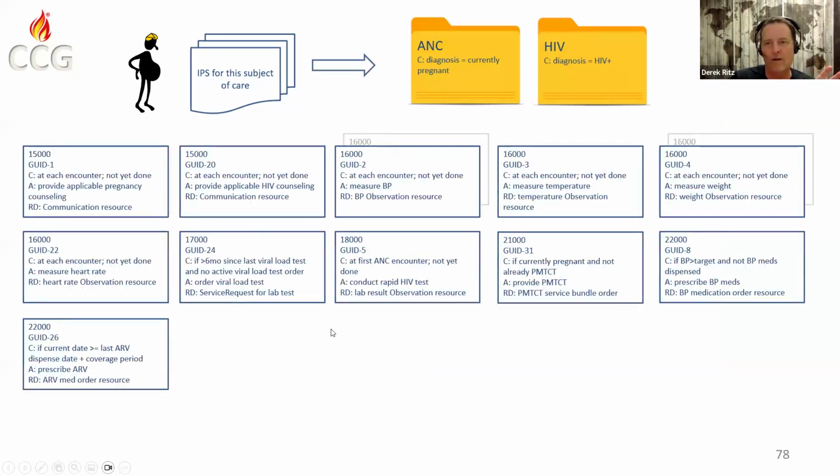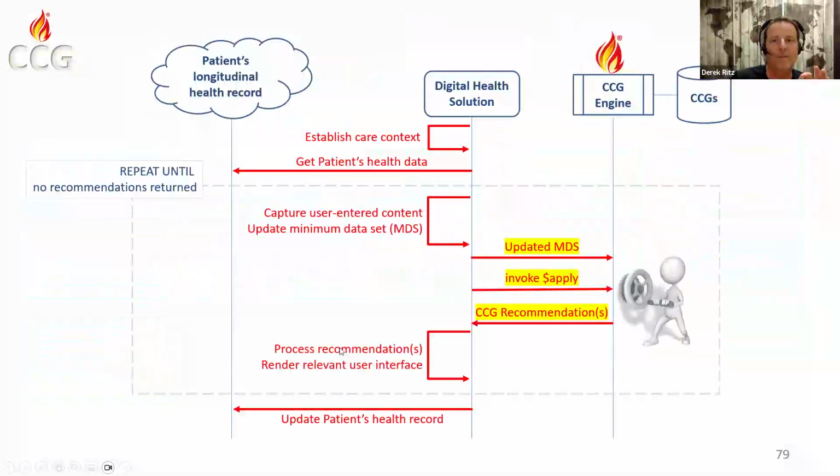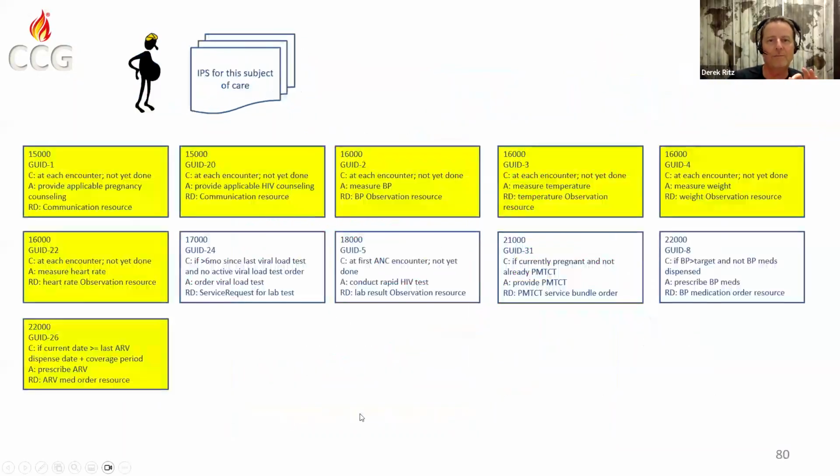We shake all the cards out of both folders and create a single stack of cards. Then we update the minimum data set. We invoke the $apply operation, which is a normatively defined operation in the FHIR standard, and we get back the CCG recommendations. And it'll be a whole bunch of things that you're supposed to do at every encounter.